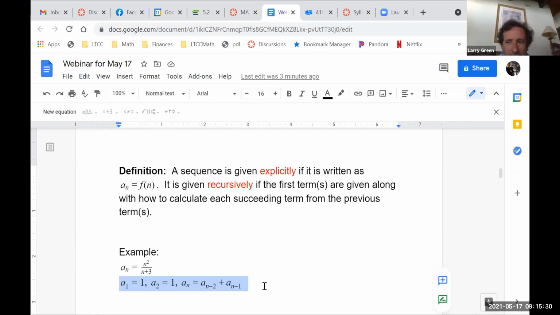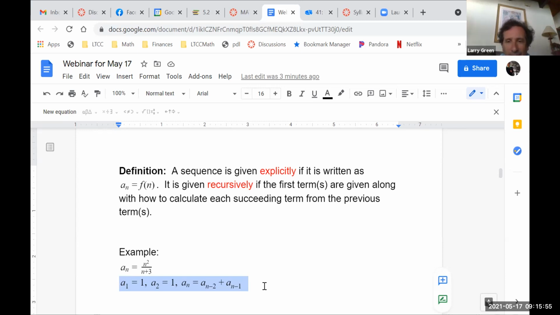Anyone seen this sequence? Right, it's 1, 1, 2, 3, 5, 8, 13, 21, 34, etc., etc. Anyone seen this? It's very old.